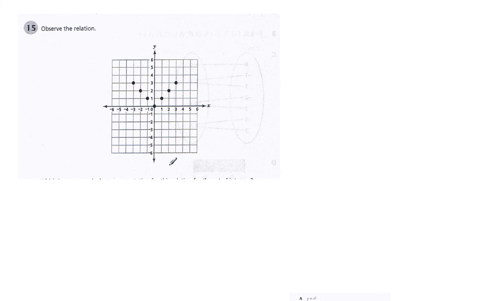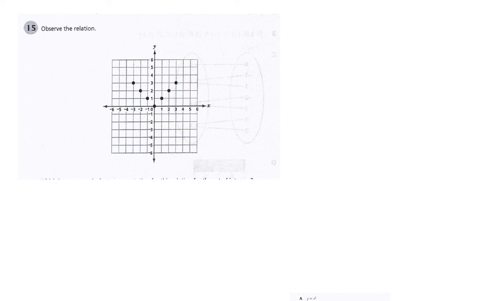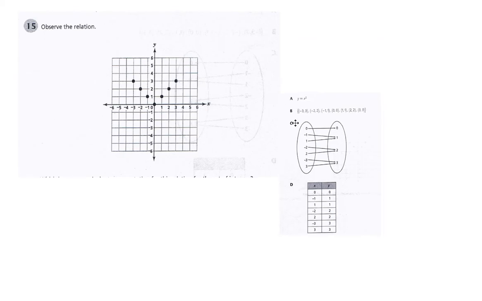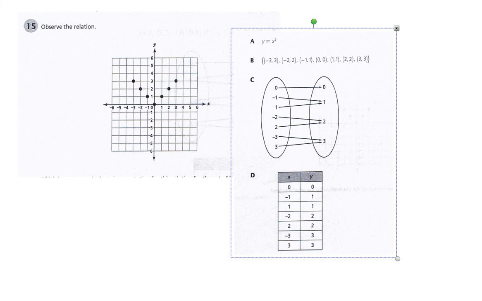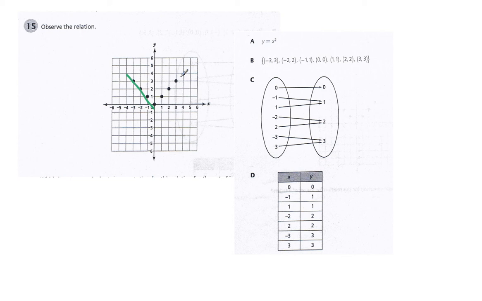Observe this relation. Okay. Oops. Oh, it's down here. And find which of these does not match that. Well, hopefully you can look at this, recognize, hey, this is a pretty good V, which means that anytime you get a V, it's the absolute value of something.